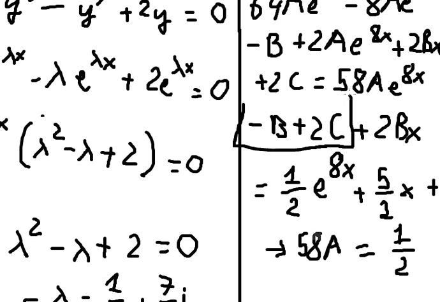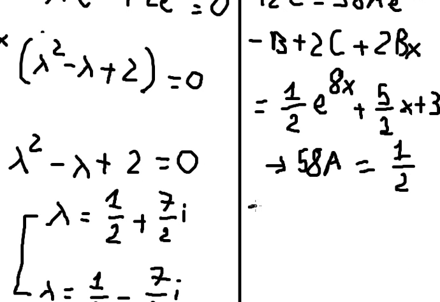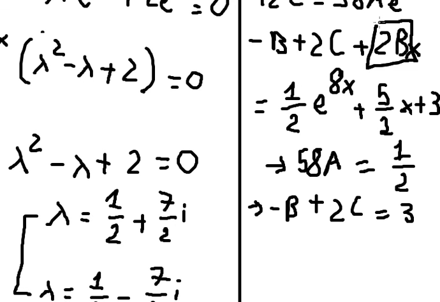This one equals number 3 in here. So we have negative B plus 2C equals number 3. And the last one, we have 2Bx, 2B equals 5 over 2.